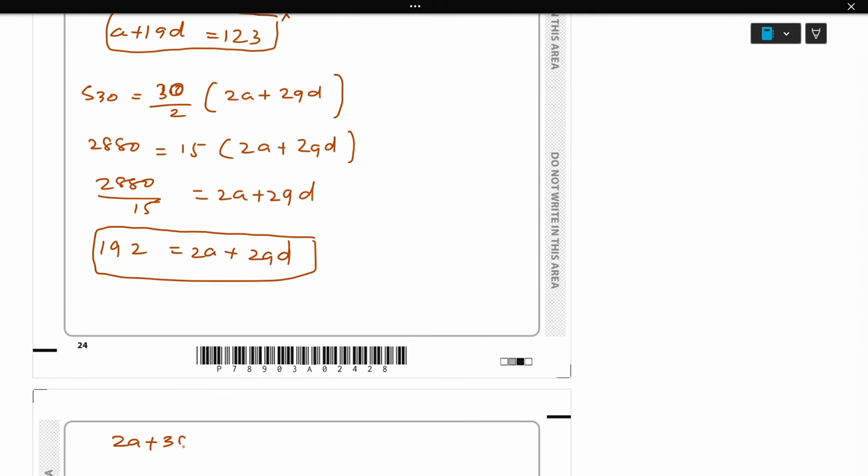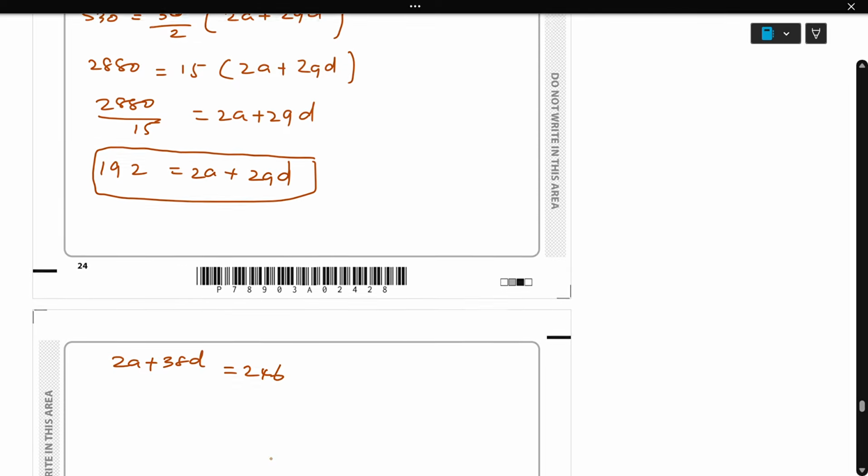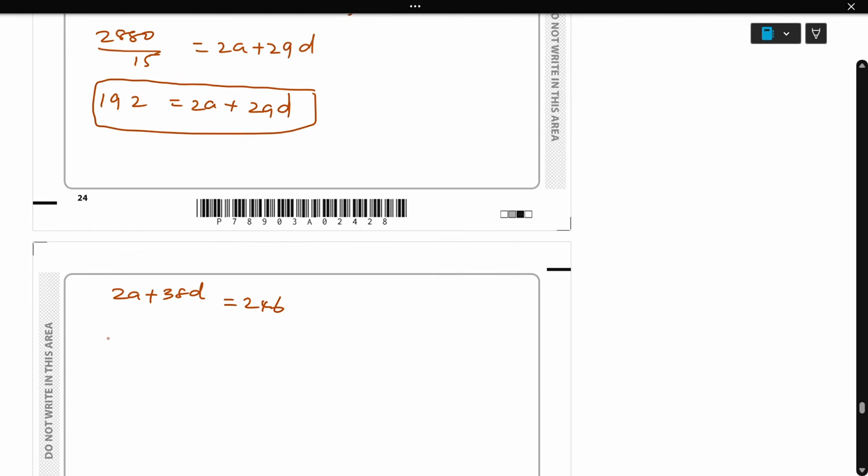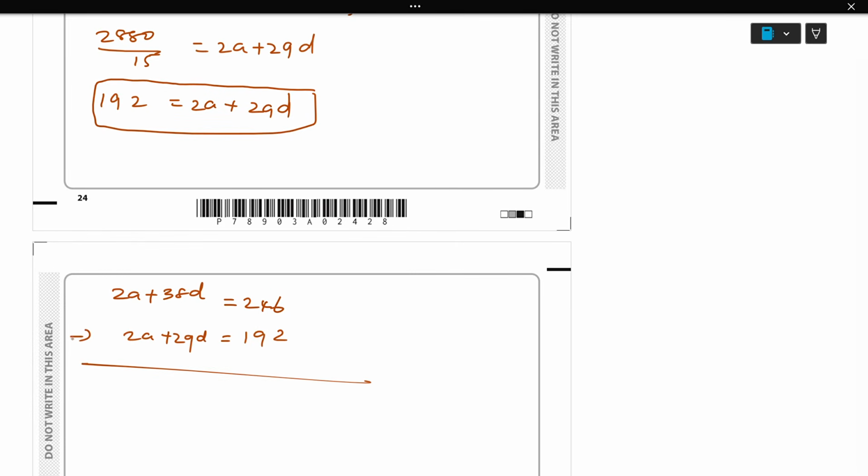This is our second equation. Okay, so we are using simultaneous equations. The first equation I'll multiply by 2 because here is 2a. So I'm using the elimination method. Multiply by 2: 2a plus 19 times 2, which is 38d, equals 246.